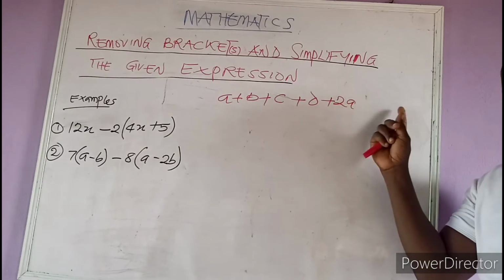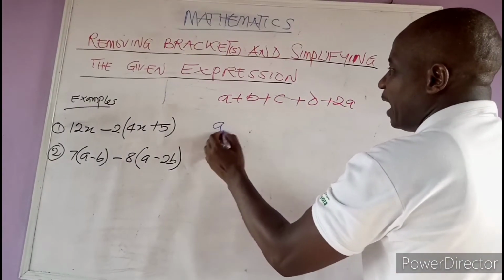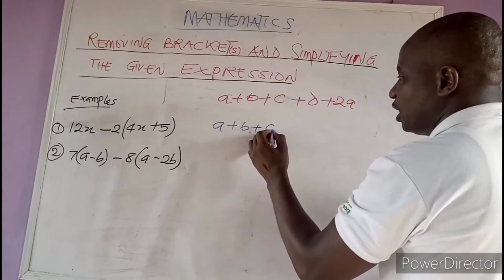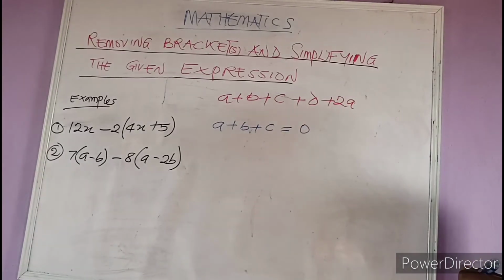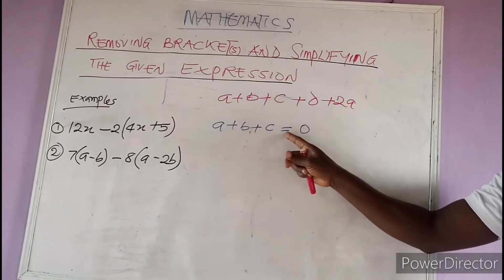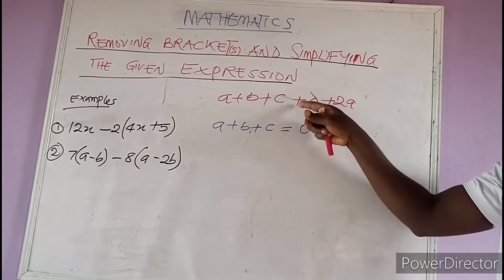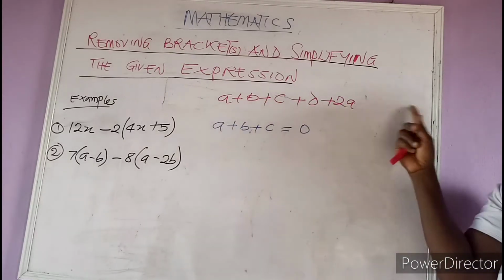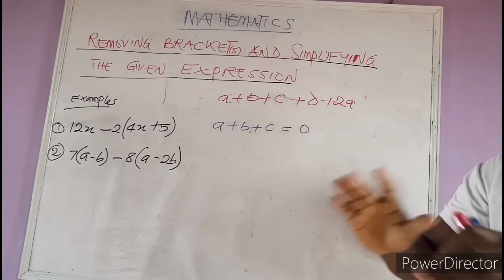But the moment I write a plus b plus c is equal to 0, this is an equation. Why? It has the sign of equality. But this one, despite the fact that it's longer, is an expression because we never equated it with anything.